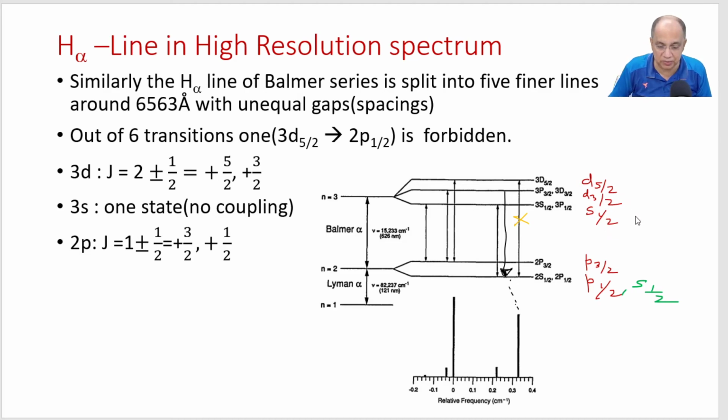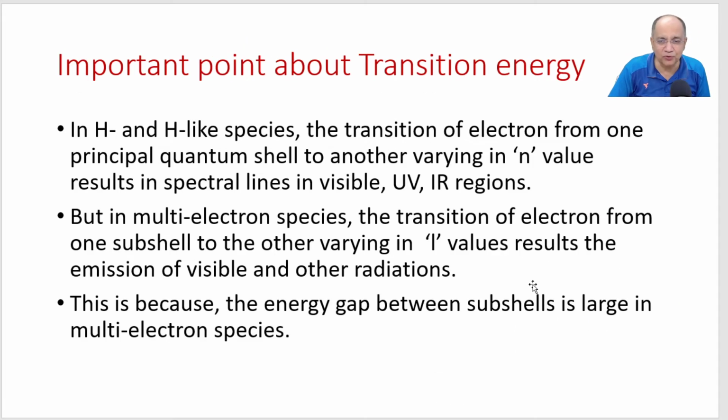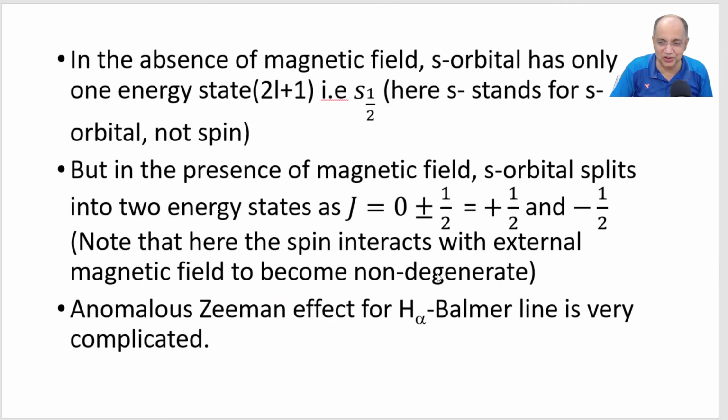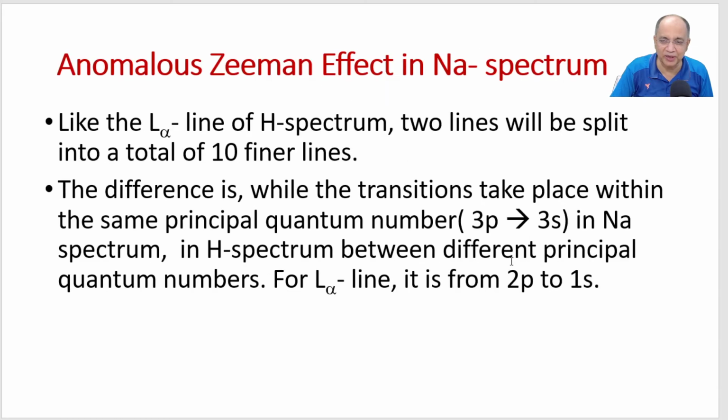So there will be 6 states, and similarly 3 by 2 will have 4 states, 1 by 2 has 2 states. So tell me how many states we get. And then this also. So many transitions, out of which you have to discard many due to selection rules, and therefore it is very complicated. So I have not discussed the anomalous Zeeman splitting of the H alpha of the Balmer series. It will be many lines, it's very complicated. Now let us wind up our discussion with the anomalous Zeeman effect in the sodium spectrum.